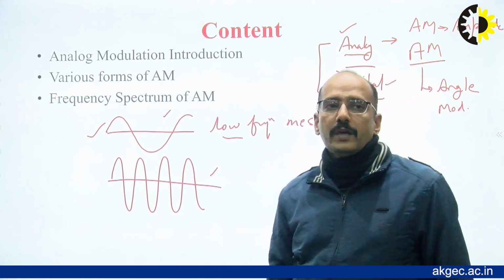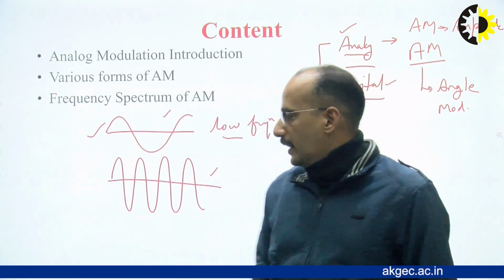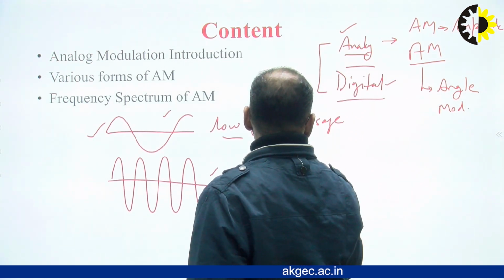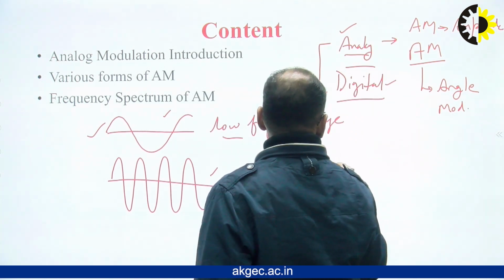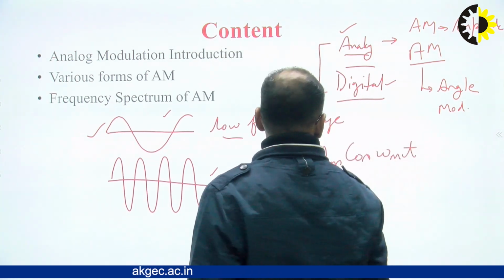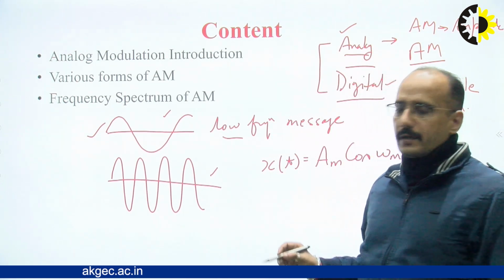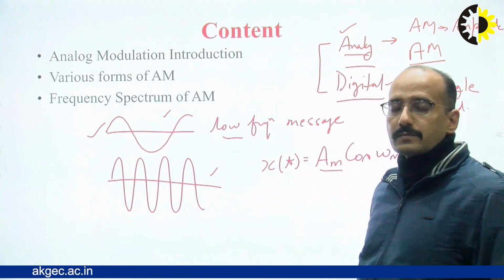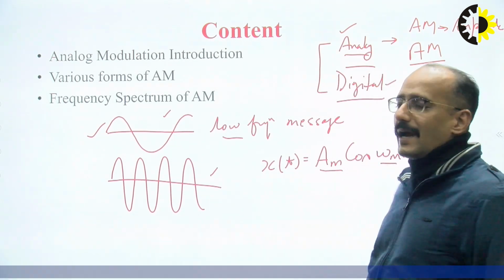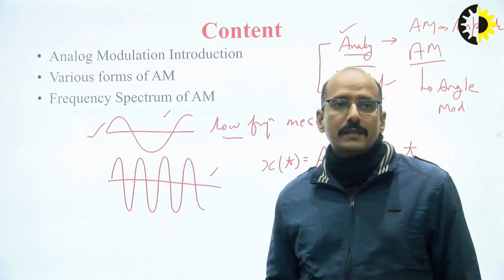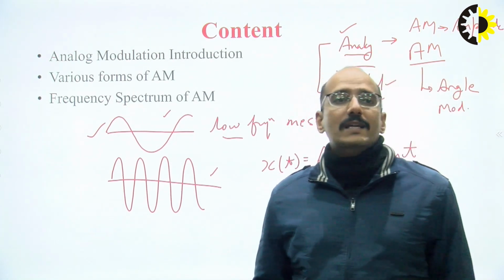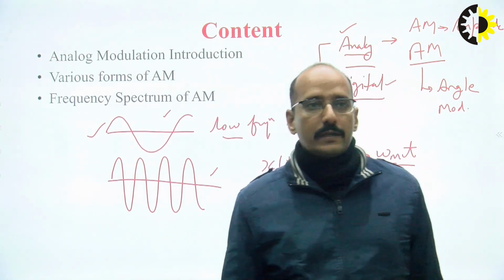Then how are we going to discuss this point? Actually, whenever you take any expression for a signal, let the message signal be x(t) = Am cos ωm t. In this signal, Am is the amplitude of the message signal, ωm is the angular frequency of the message signal, and ωm t denotes the phase of this message signal.